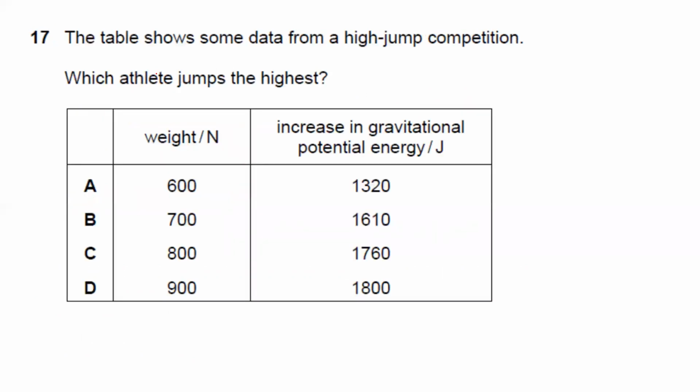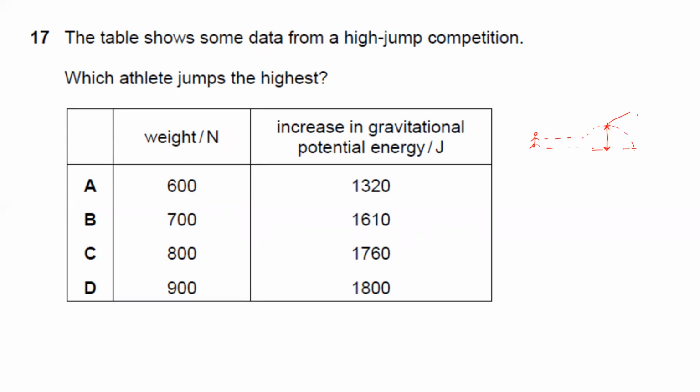Next, the table, question 17. The table shows some data from a high jump competition. Which athlete jumps the highest? So say an athlete is running from here in a high jump, he jumps over it and falls down. So the maximum energy would be at this point.